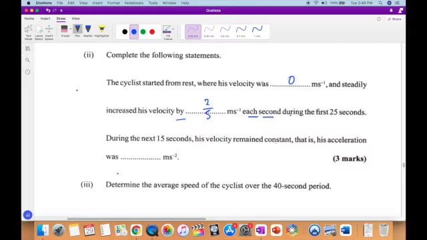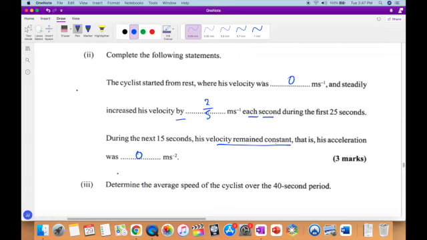So 2/5 meter for the first 25 seconds. During the next 15 seconds, his acceleration was 0, right? If the velocity is constant, you have no acceleration, so that is a gradient of 0.